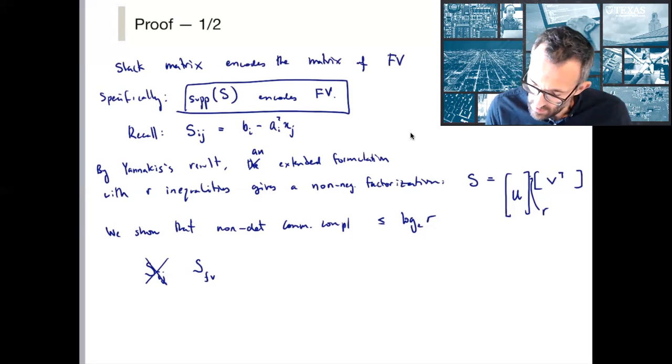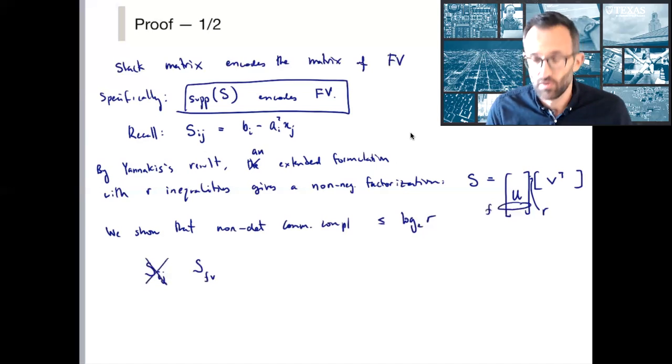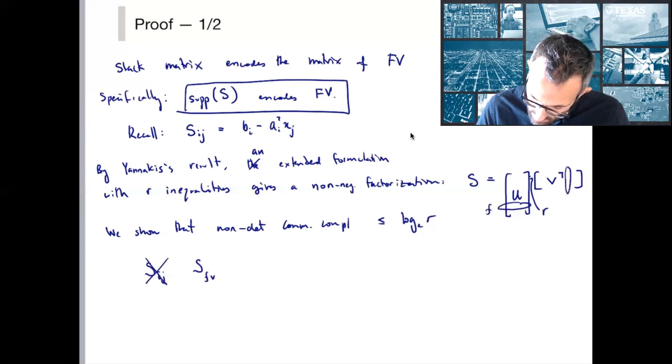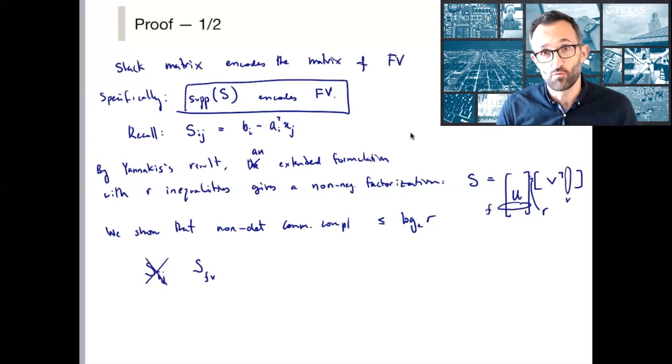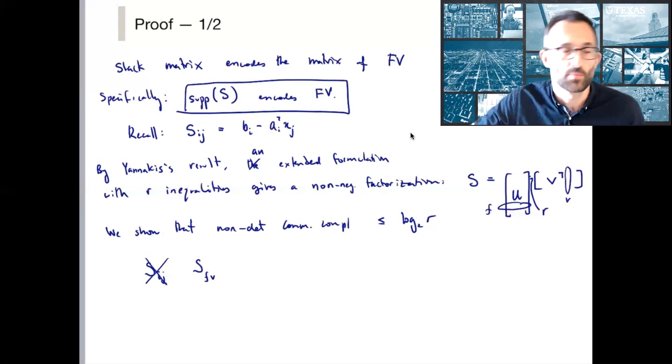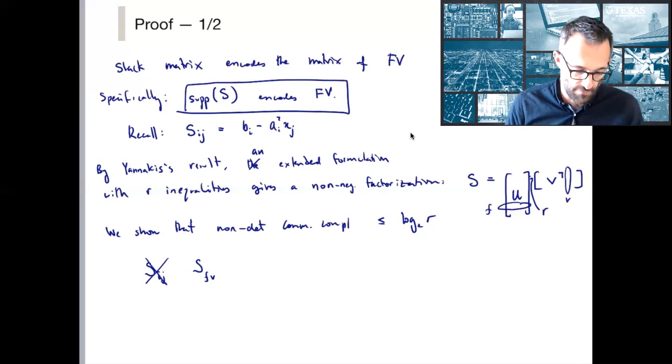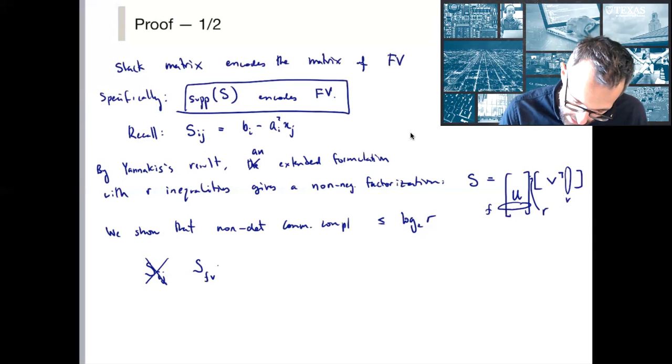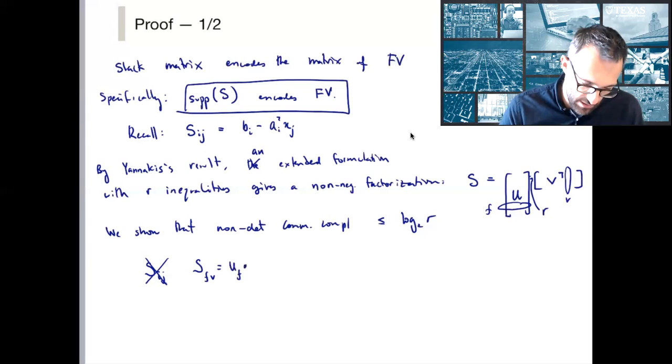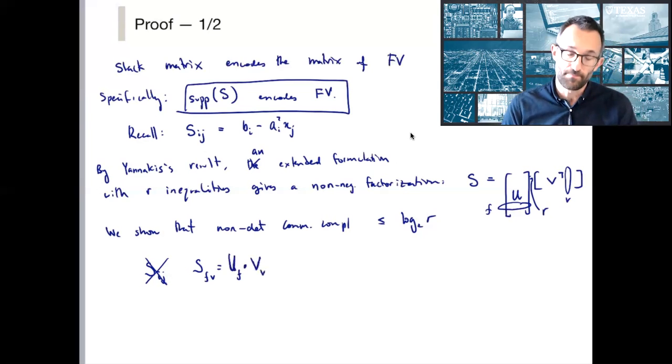That entry is going to be exactly the f row of U and the little v column of V transpose, or row of V. So in other words, this is equal to uf dot product vv, just to make sure the capitals are clear, little v.